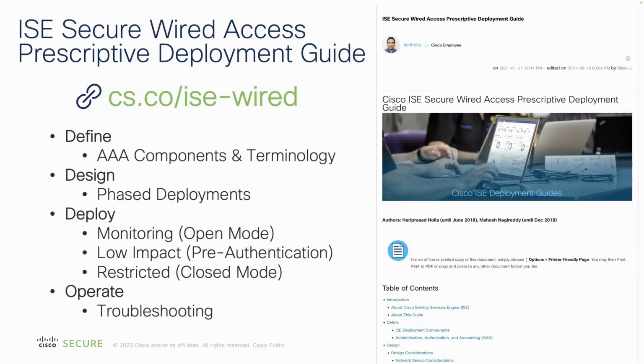Or for the really secure environments, you can do restricted closed mode access, which is the original intent and implementation of 802.1x, which is, you do not get access. You don't get an IP address basically until you have authenticated.